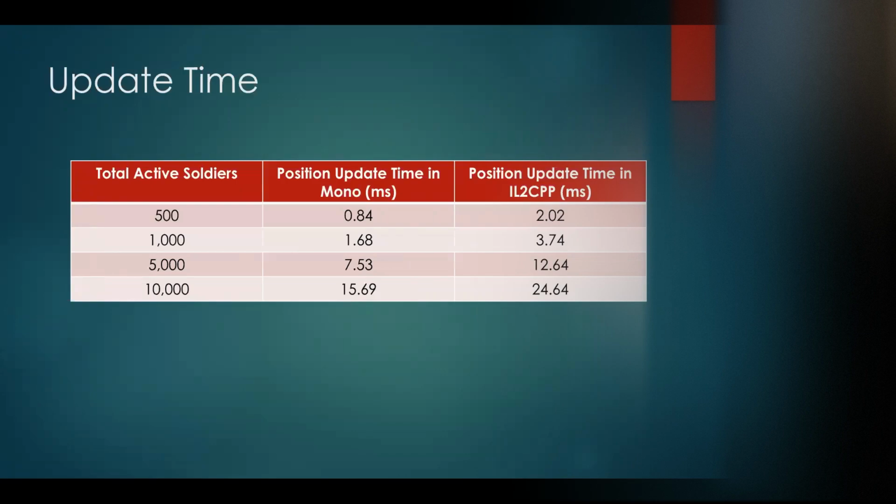We're just walking that array. And you can see that as we add more and more soldiers, performance seems to become worse and worse over time, up to the point where we reach 10,000 soldiers, we're barely doing 60 frames per second in our update loop, and on the phone there's no way. It's not going to be a 60 frames per second game.